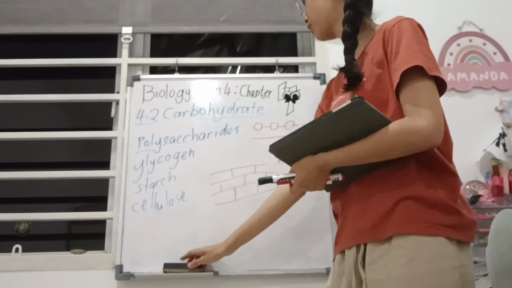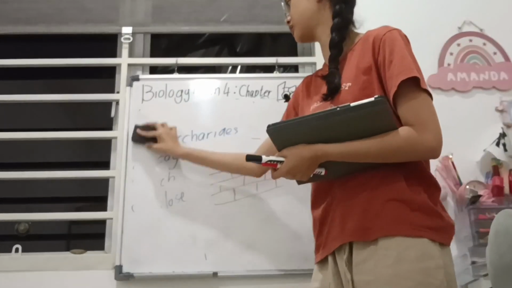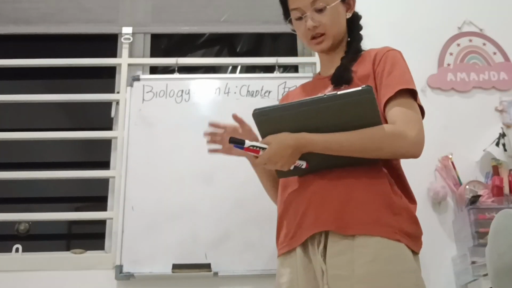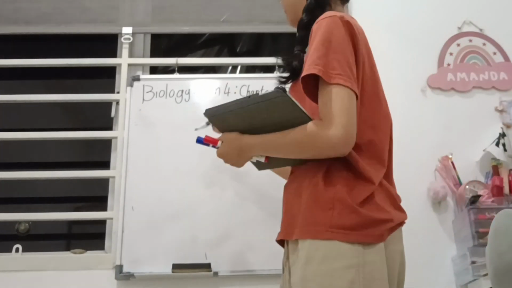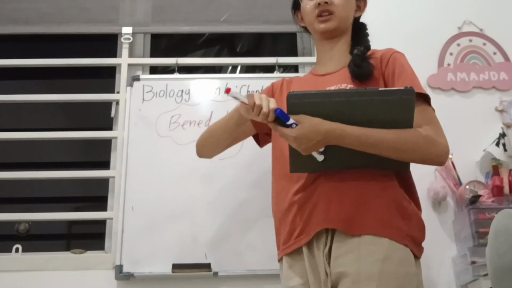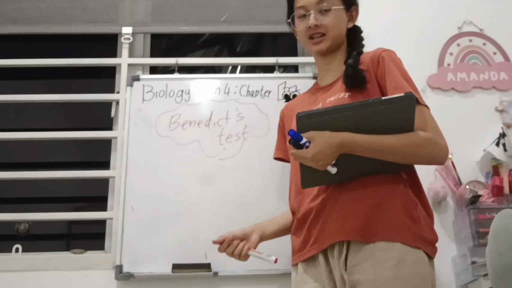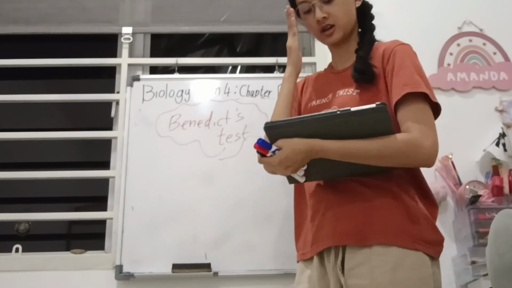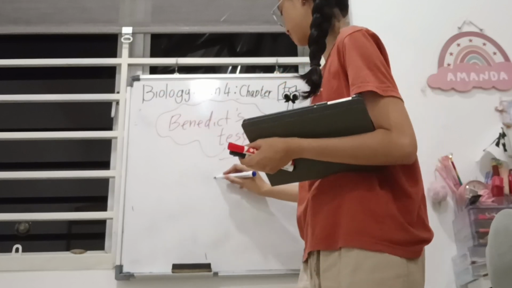But another thing I want to talk about that has carbohydrate is the tests. The Benedict's test. I bet you've heard of this before. We did this experiment in Form 2, but I did not understand a single thing. So luckily I understand now. So this is a test tube.